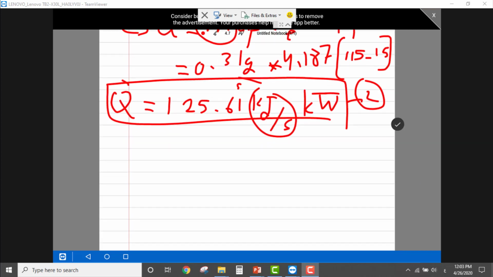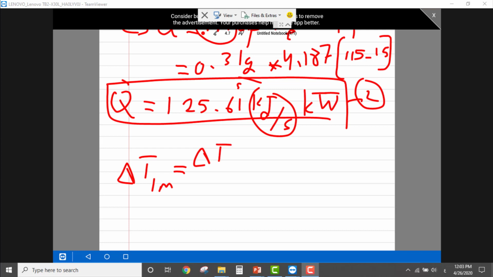Let me also find delta T log mean, which is equal to delta T exit minus delta T inlet divided by ln of delta T exit divided by delta T inlet.